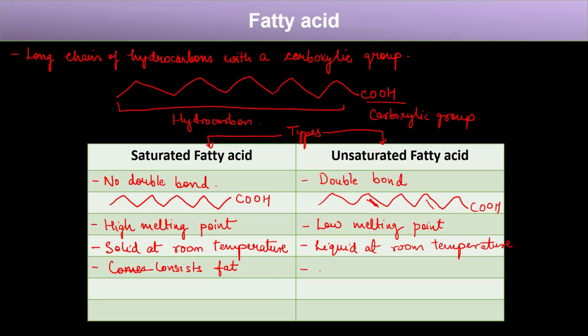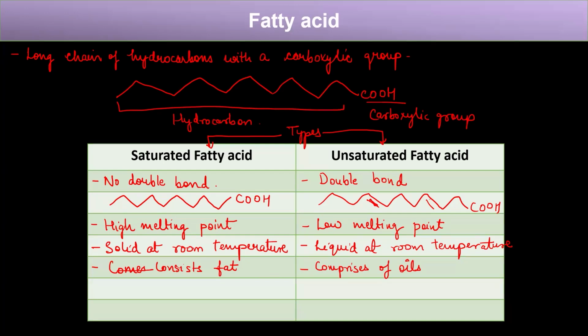And they are what? These are oils. So the unsaturated fatty acid mainly comprises oils. So whatever oils we are talking about, these are unsaturated fatty acids. While the ghee, butter, these things that are solid at room temperature, these consist of what? Fat.